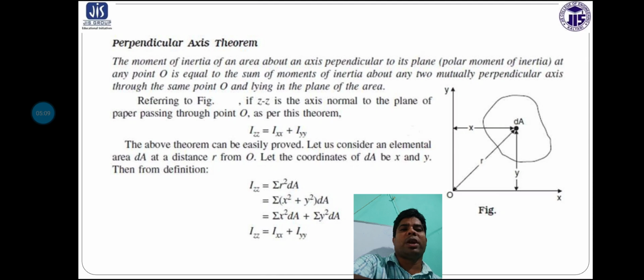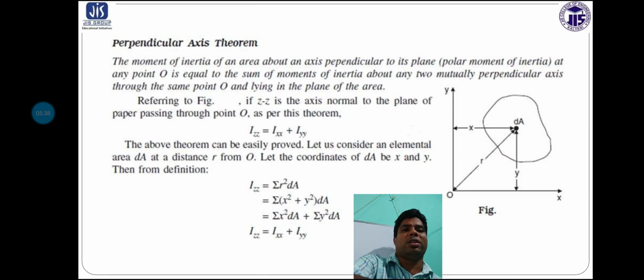The above theorem can be easily proved. Consider an elemental area small dA at a distance r from O, and let the coordinates of dA be x and y. From the definition, IZZ is equal to summation of r square into dA.